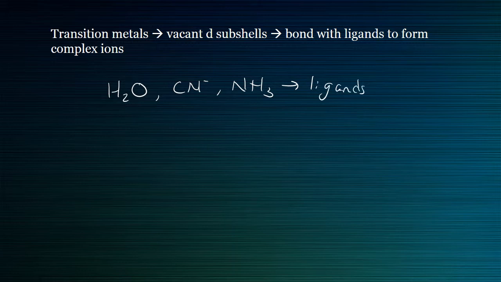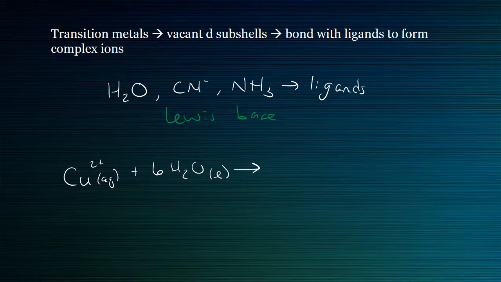You kind of just need to have those memorized, and I apologize, right? Since they have a lone pair of electrons, these are going to be your Lewis base, because they're going to have the electrons that they can then donate to a metal. So an example of what this could look like: if we have a copper ion, and why it takes on slightly acidic properties is when we put it into water, it creates a complex ion.